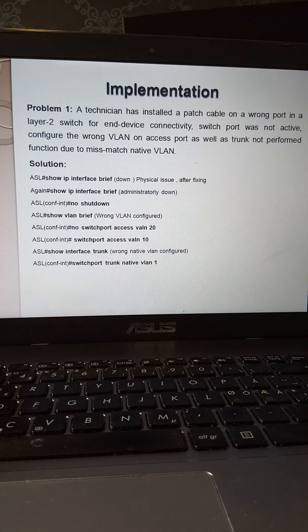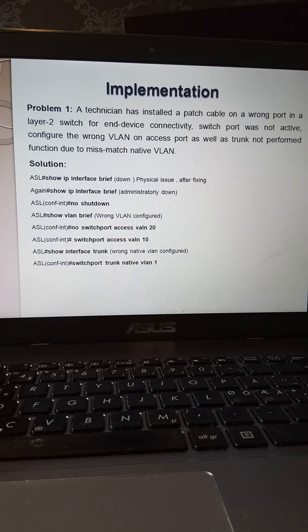Then we check show ip interface brief again. The status changed to administratively down. We enter the command no shutdown, and it became active. We check show ip interface brief again, and the port was successfully up.